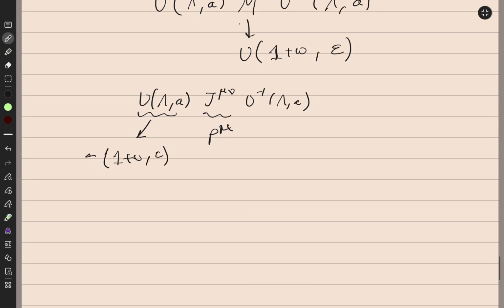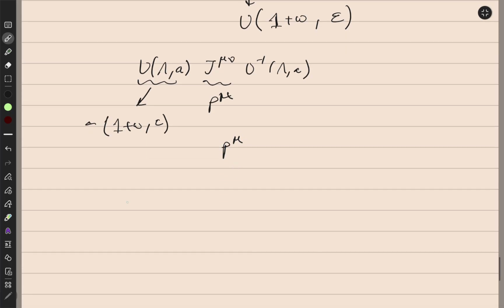Finally, since we now know that P mu generate the abelian sector of the group, we can just write U of (1, a), where a is some four-vector a mu.